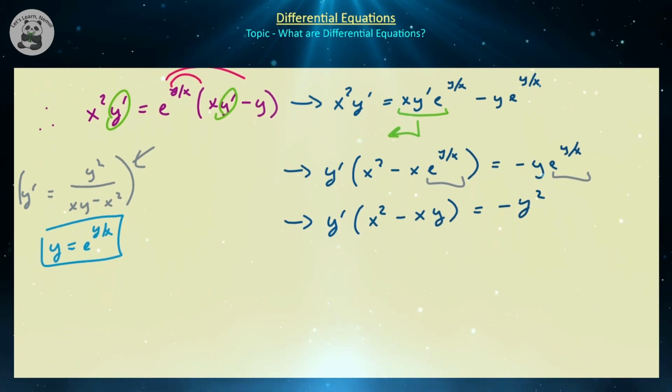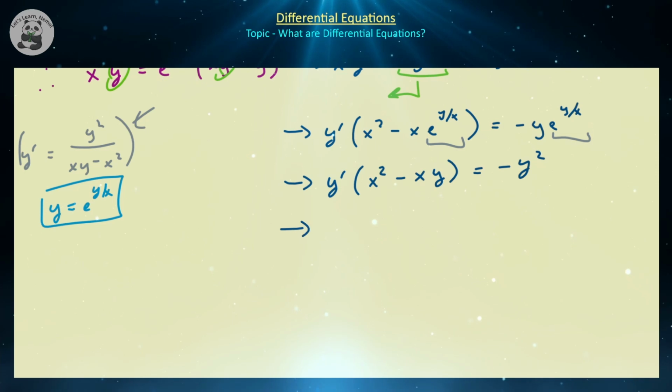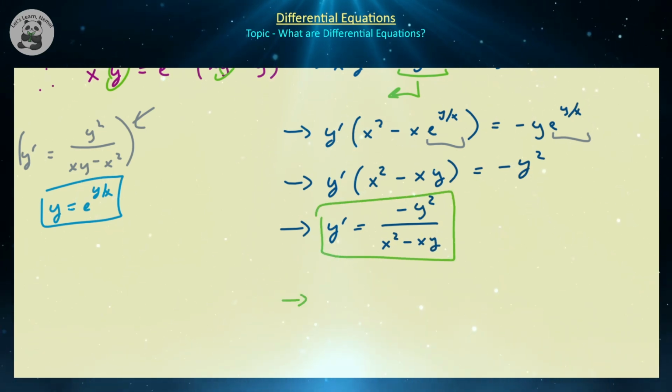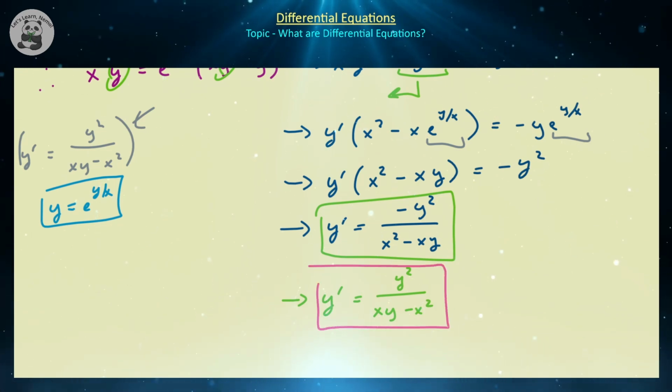And then we can divide both sides by x squared minus xy, and that's going to give us y prime is equal to minus y squared all over x squared minus xy, which is a perfectly valid way to represent it. You can multiply top and bottom by -1 and write that as y squared divided by xy minus x squared, and that is also an equivalent way of representing it.